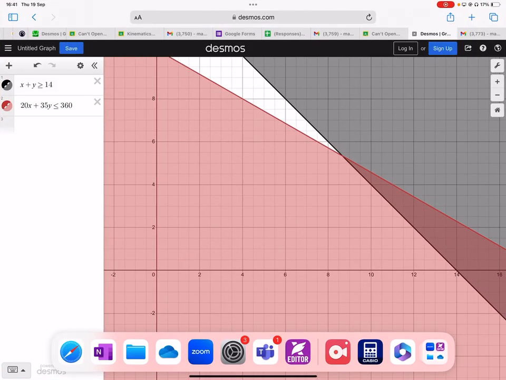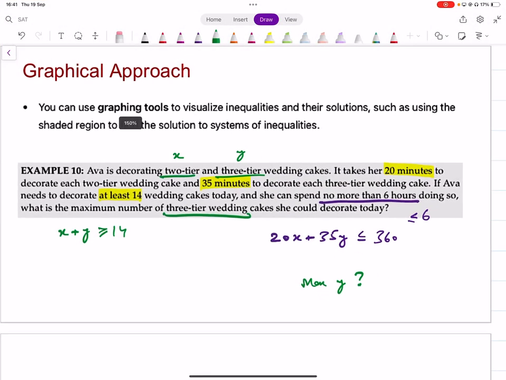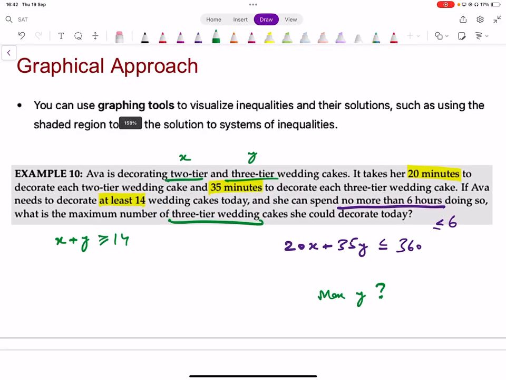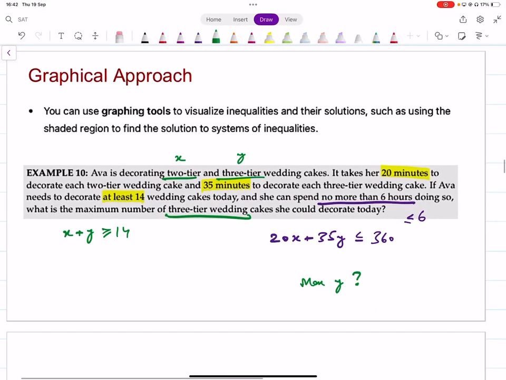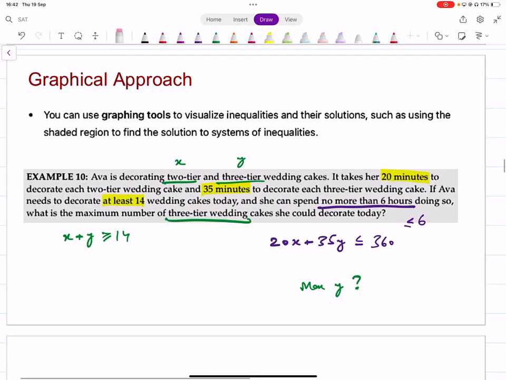Can it be done without Desmos? It is possible. But that will require, let me try if that is going to work here. So what are we looking for? We're looking for the maximum possible value of y. So what you can try is from the first inequality, you can get x is greater than or equal to 14 minus y. Okay.